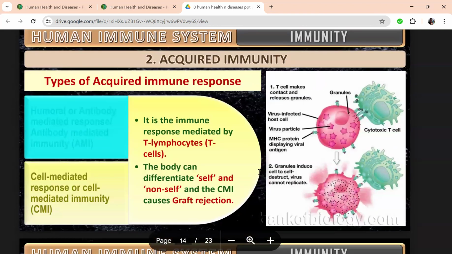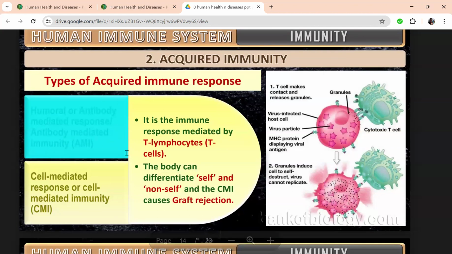Next, I have the other type of acquired immunity, cell-mediated immunity, CMI. In this, the immune response is mediated by T cells. Earlier I was talking about B cells, now it is T cells.